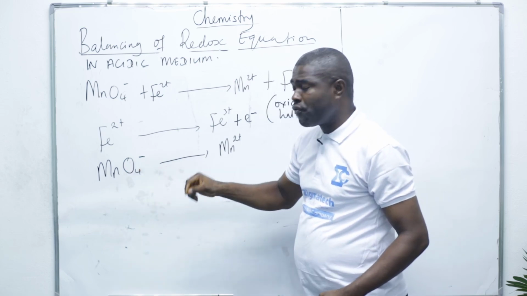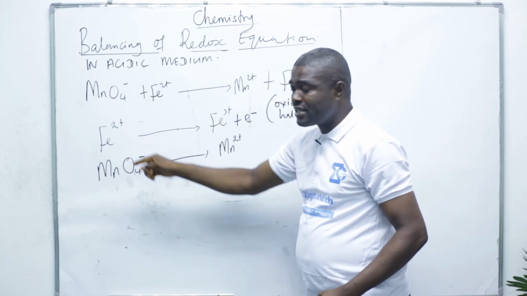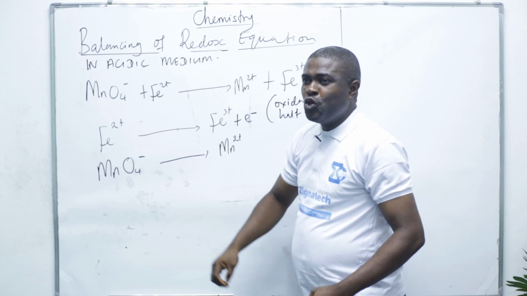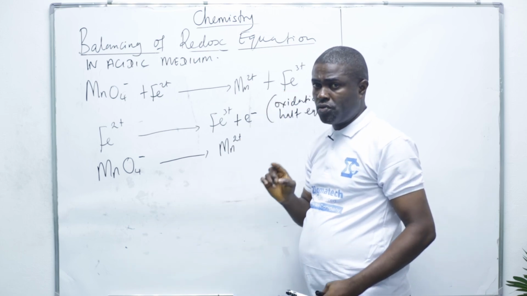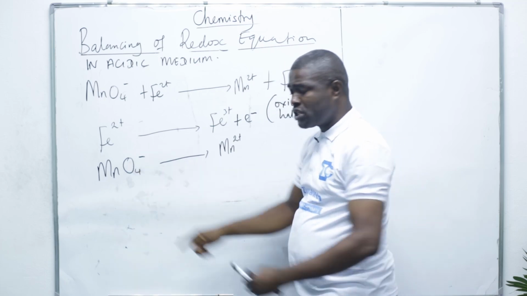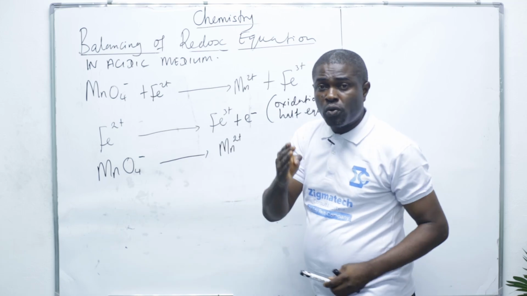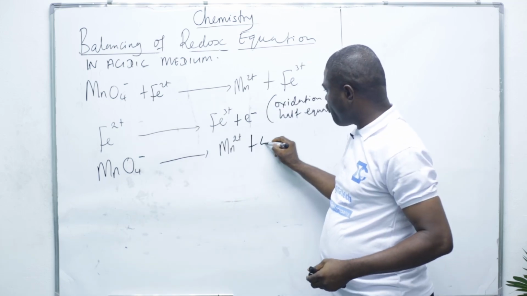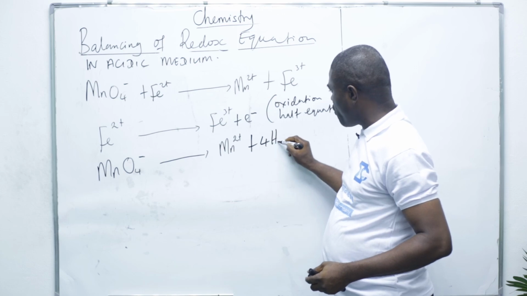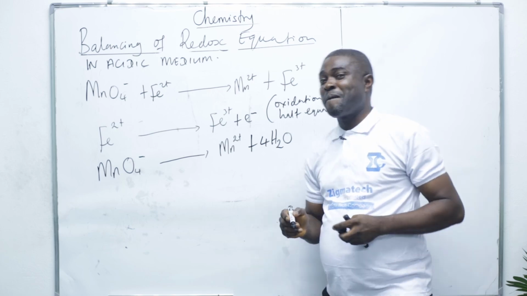Because you have 4 atoms of oxygen at the left-hand side, the reactant side, you are going to introduce 4 molecules of water to the other side. That's the rule. So let's go: plus 4H2O.